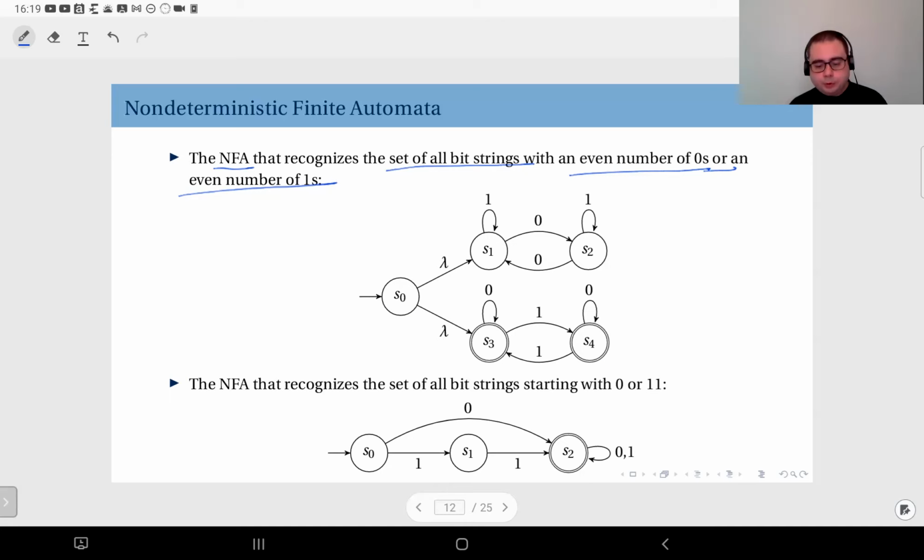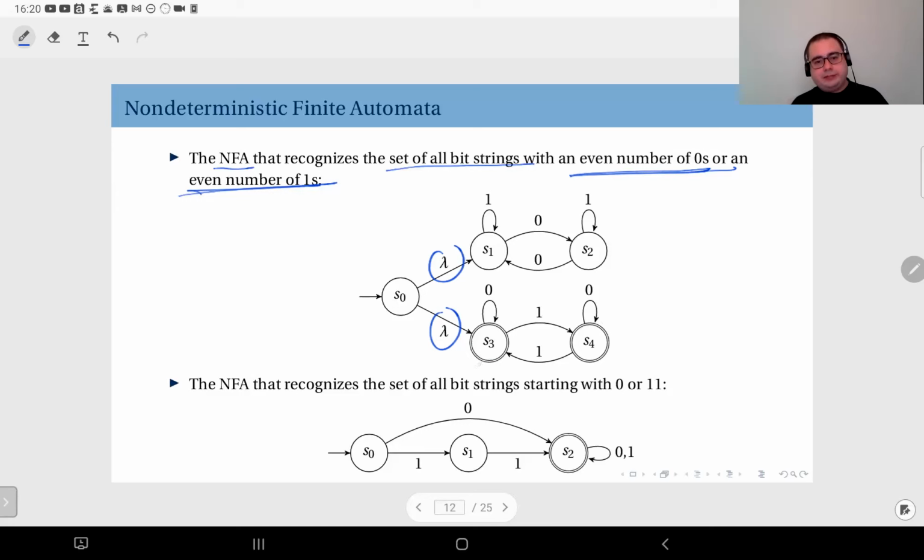automaton. On the other hand, here you can simply separate it into these two finite state machines. One checks the even number of zeros and the other checks the even number of ones. Here you see with lambdas, I transit into one of those. And I have a mistake here in selecting the accepting states, because you see with an empty string, I'm at S3.